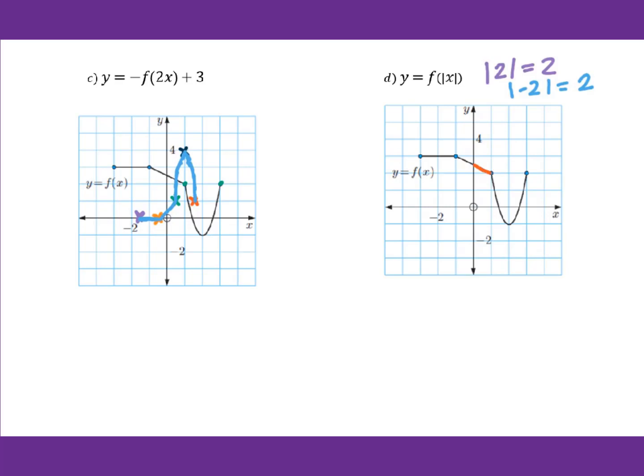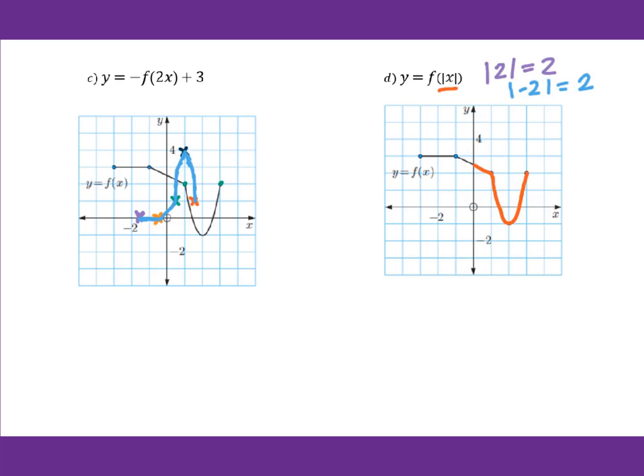In other words, on the right side of the y-axis, you will get exactly the same graph. For those negative domain, you will get the same value as the positive domain. Because you do the absolute value of negative, it will be a positive number.